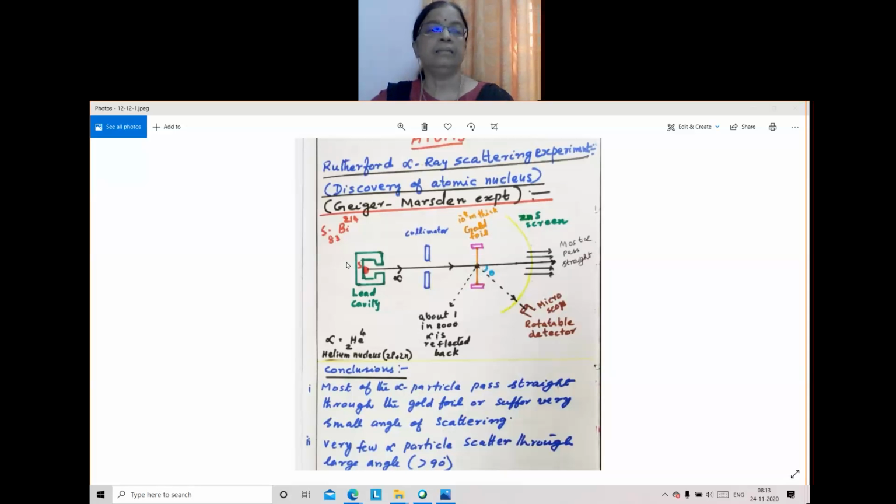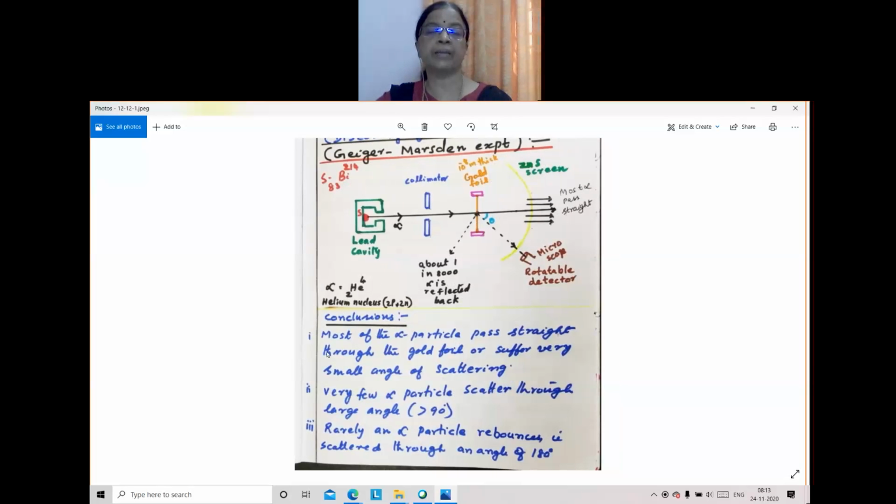The alpha particles come out through this collimator and fall on this gold foil. And what their conclusions of this experiment were is written here. Here you can see a screen, a zinc sulfide screen. Why a zinc sulfide screen?